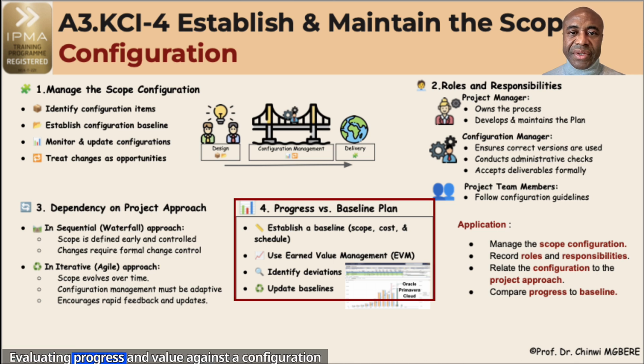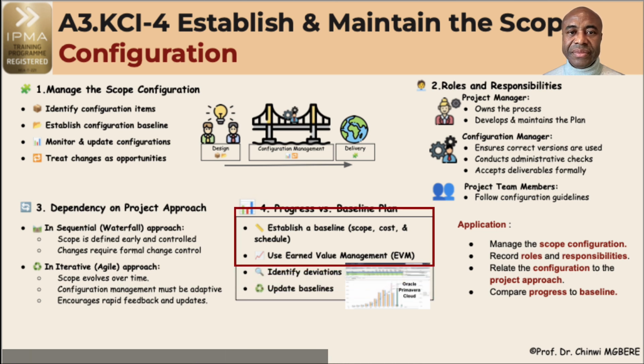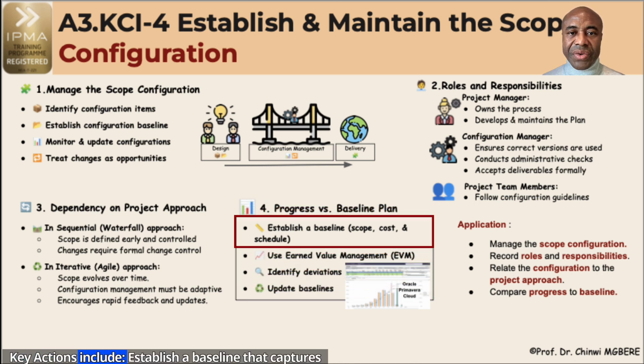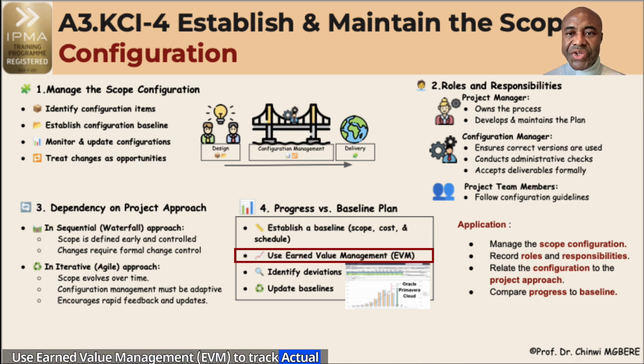Evaluating progress and value against a configuration baseline helps determine whether the project is delivering what was promised on time and within budget. Key actions include: establish a baseline that captures scope, cost, and schedule expectations. Use earned value management to track actual progress against planned value.